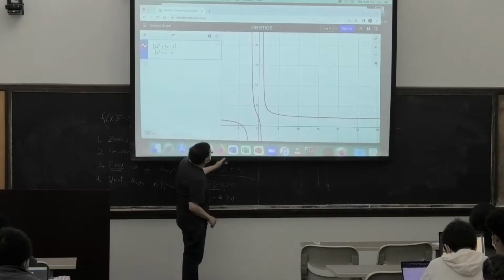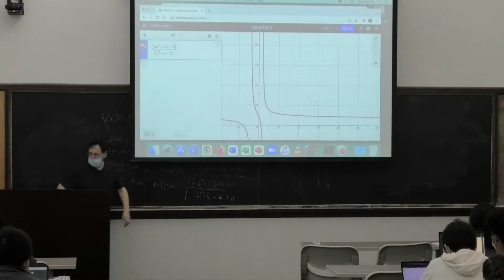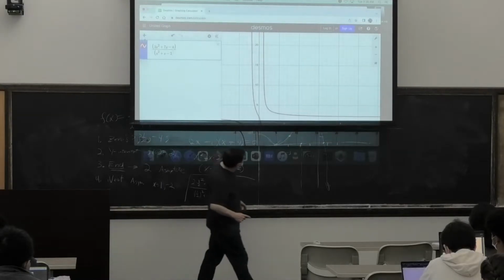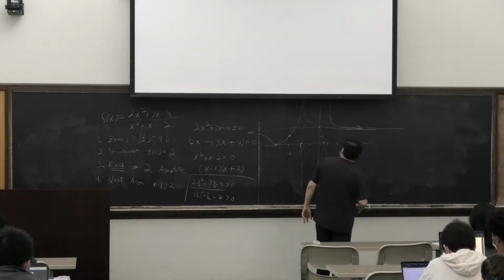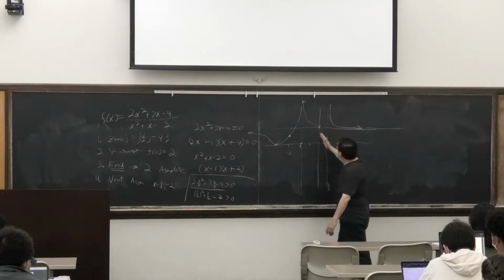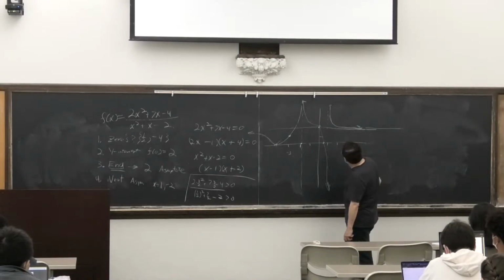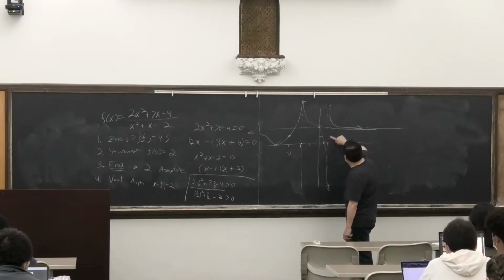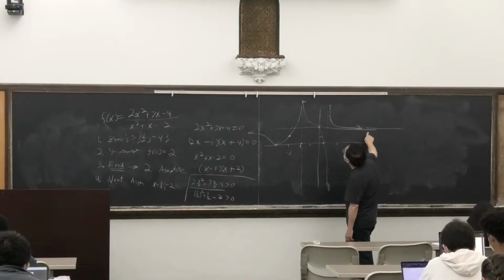You can't really tell. Is that what I drew? Or did I get it wrong? Well, this is a little smoother. And did it come up? Did I not check this? Right? Huh.